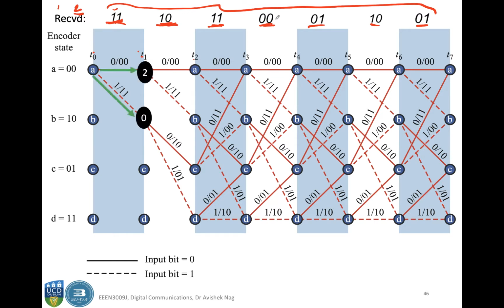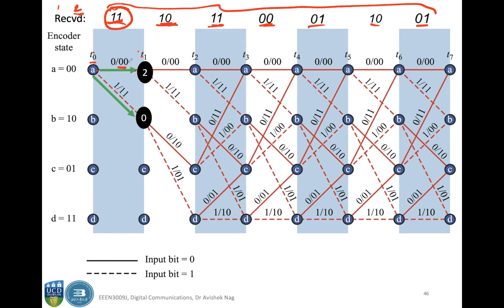Okay, and let's see what's happening here. Let's go across the trellis from this initial state, at t equal to t0. If you move along the trellis, you can have only 2 paths, either this path or this one. These are the 2 paths shown using the green arrows. Now just compare these 2 bits of the received code word with the possible outputs that you can have if you go through these 2 paths.